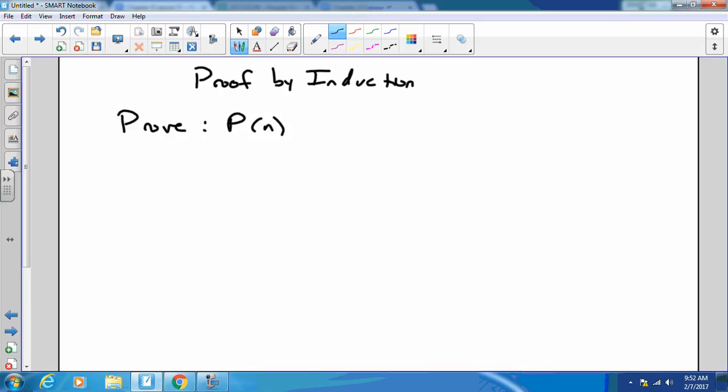The idea is that we want to prove a statement about n, prove P(n). And the way in which we do it is to first establish a base case.